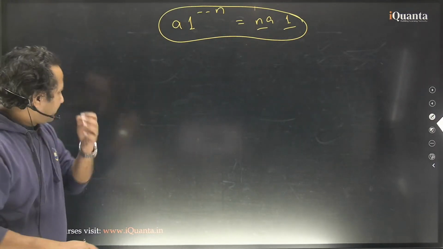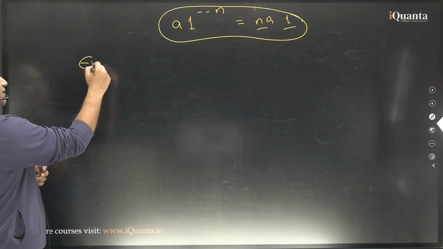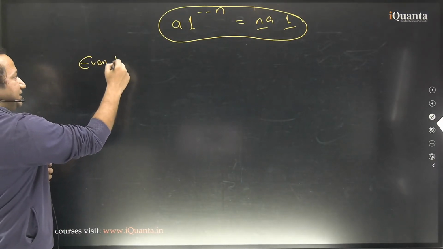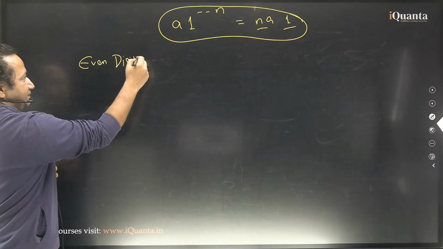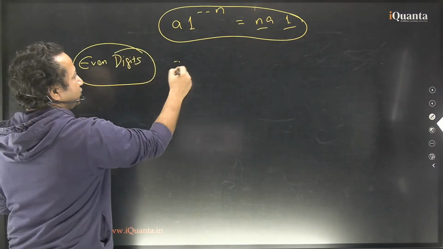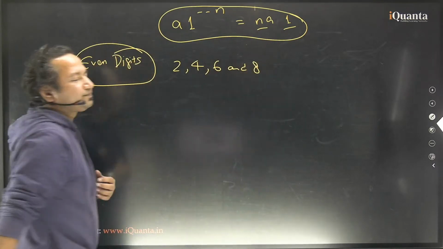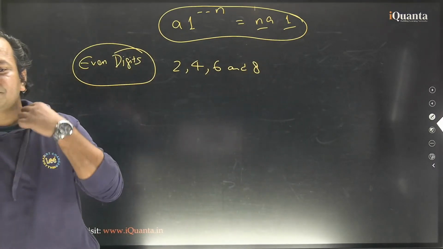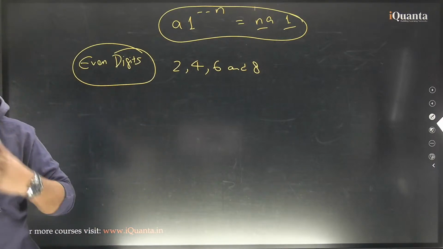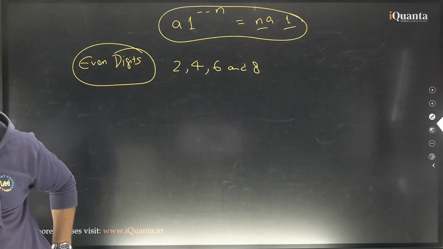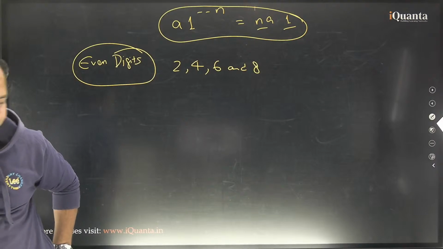All right. Now comes the numbers which end at even digits. 2, 4, 6 and 8. All right.